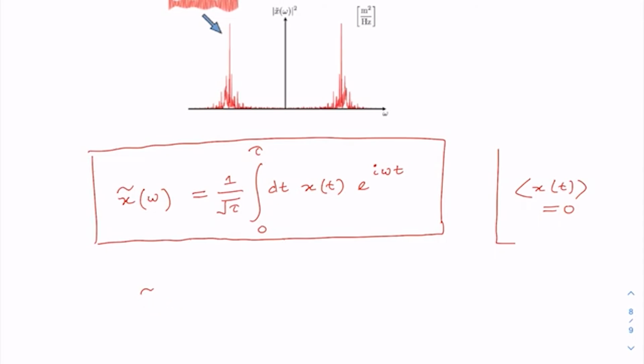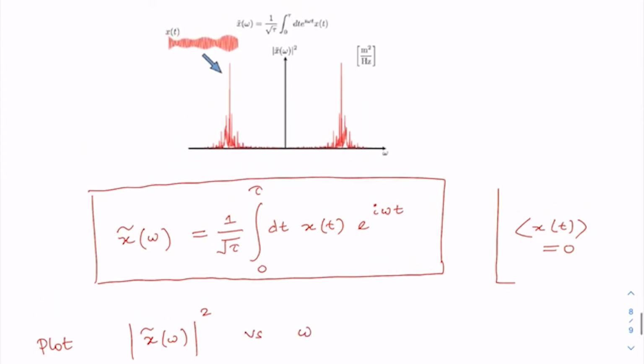Okay, let me write it properly. So you have x tilde omega, you take the mod and then you square it. Now let us plot x tilde omega mod square versus frequency omega, and actually a typical plot is already shown here.